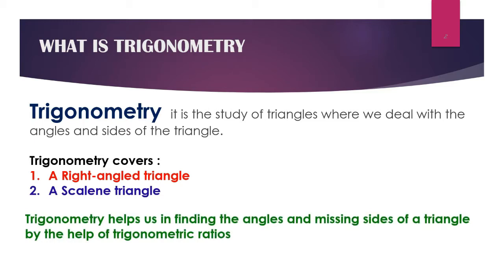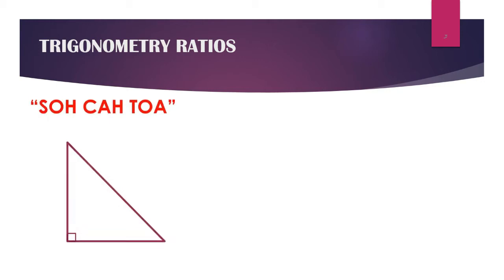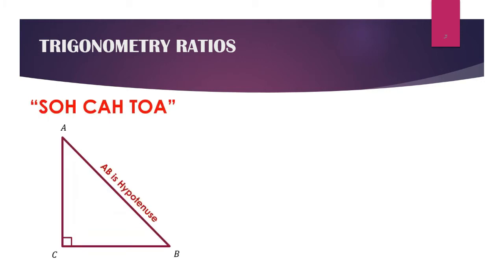Okay, students, go to trigonometry ratios. Just remember SOHCAHTOA. Look at the triangle below. BC is base and AC is height, so AB is hypotenuse, and the triangle has angle alpha and beta.